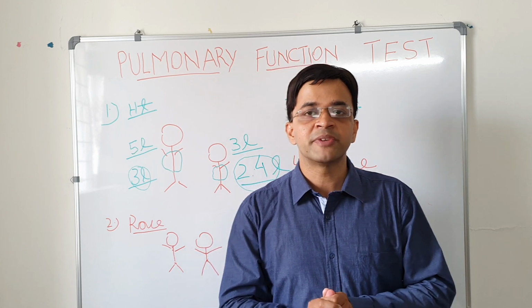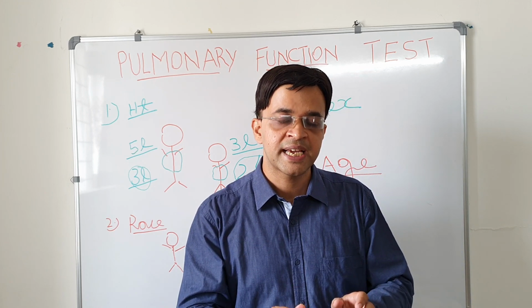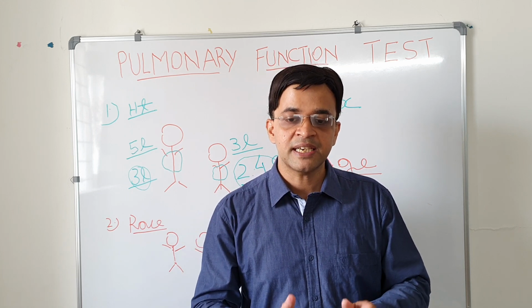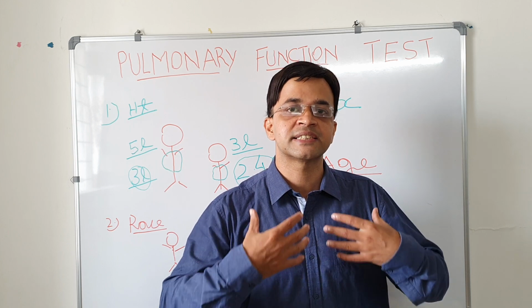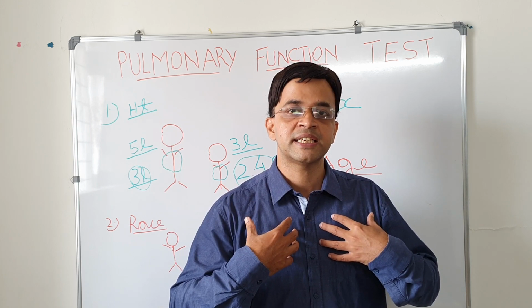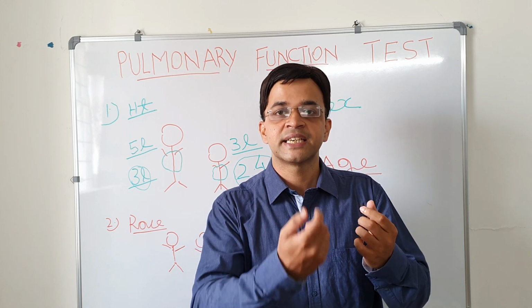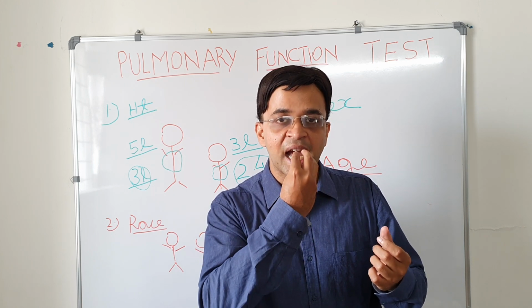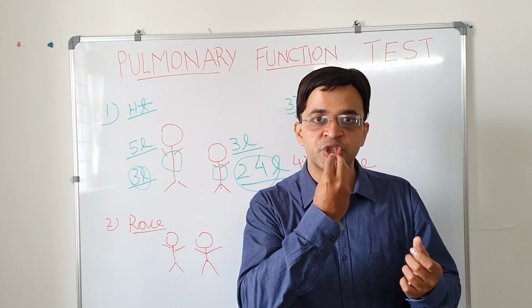When we conduct these pulmonary function tests, we normally make the patient sit comfortably and tell him to inhale as much air as he can into his lungs. Then we close his nose with nasal clips and tell him to blow as hard as he can into the spirometry tube.